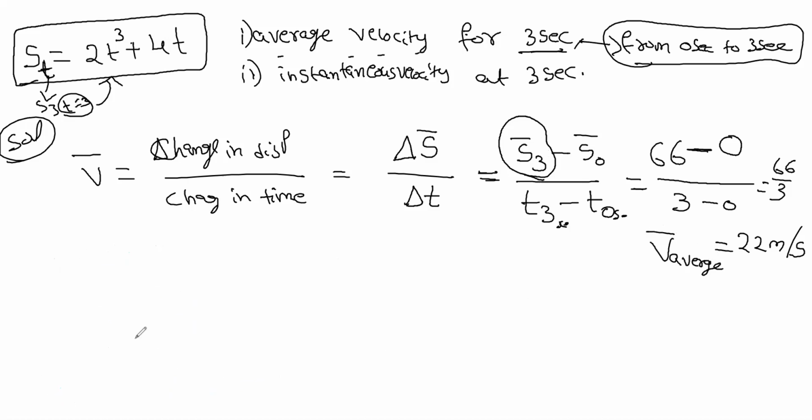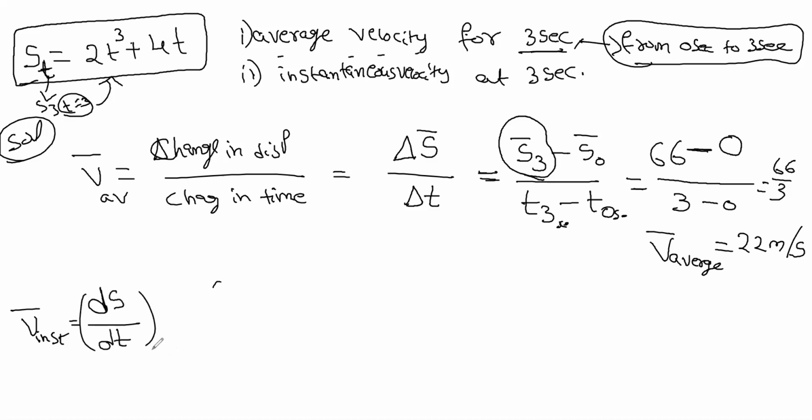Let's see whether this average comes out equal to the instantaneous or not. So this is V average. Now V instant. As we know, instantaneous means the period is very, very small, which means the time is very minute and the change is small. When the change is small, you have to take the differentiation, that is ds by dt.